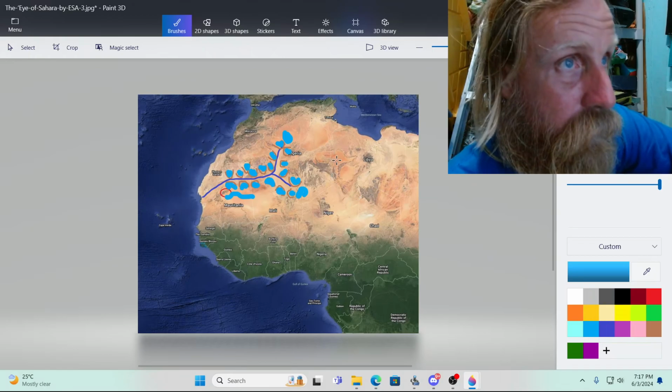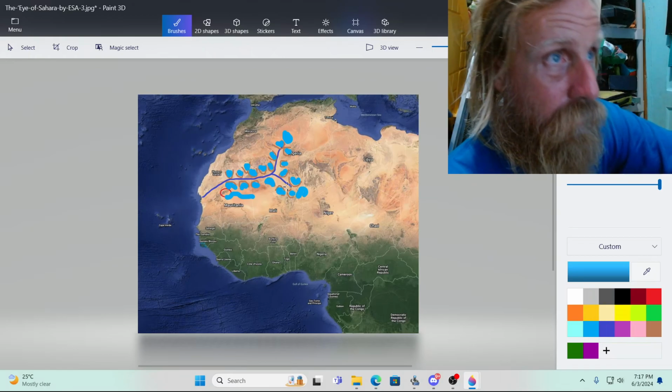I don't really know how it worked out, but maybe they used beaver dam analogs.